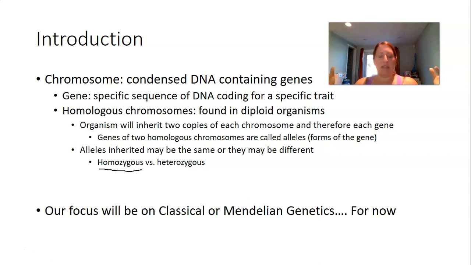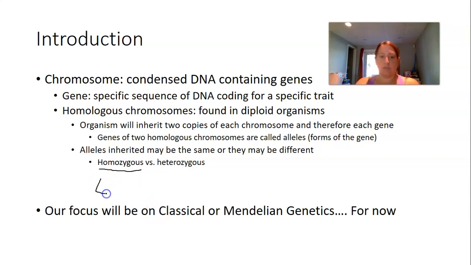You're going to find out that having pigmented eyes is dominant to having non-pigmented eyes, which in our terms, let's say brown eyes is dominant to blue eyes. So if both your mom and your dad create gametes through meiosis that contain the dominant allele, the big E allele, then you will end up being big E, big E. And so you would be homozygous for the eye color gene.